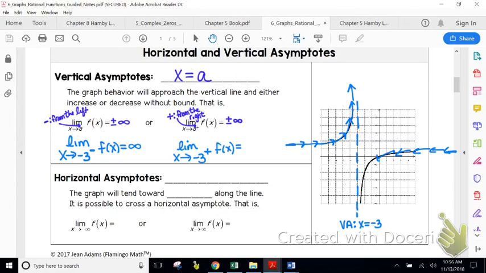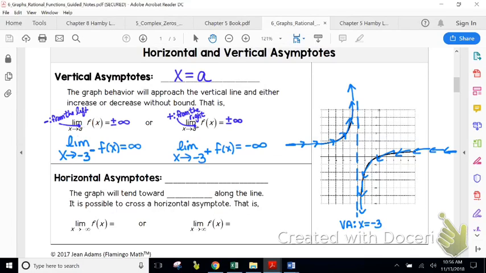And look what's happening to your y values. They're decreasing, so they're going to negative infinity. And since both of these graphs are going towards the same x value, one from the left and one from the right, and one's going to positive and one's going to negative infinity, that tells us there definitely is a vertical asymptote at that line, x equals -3.